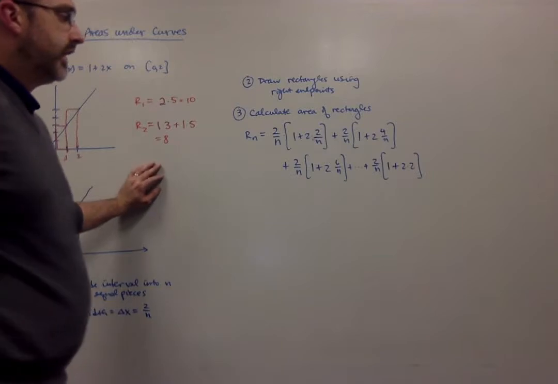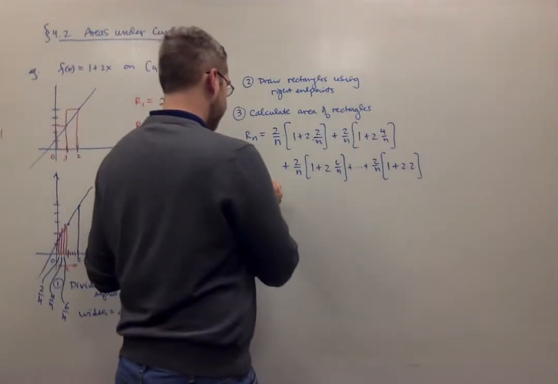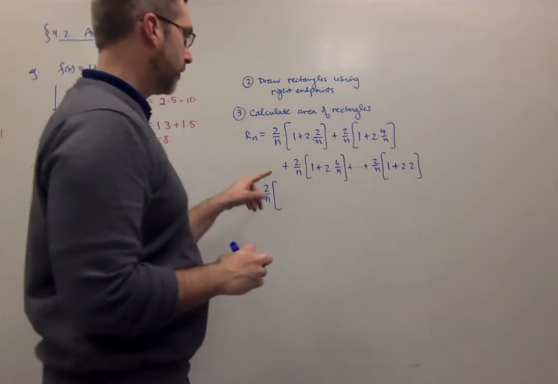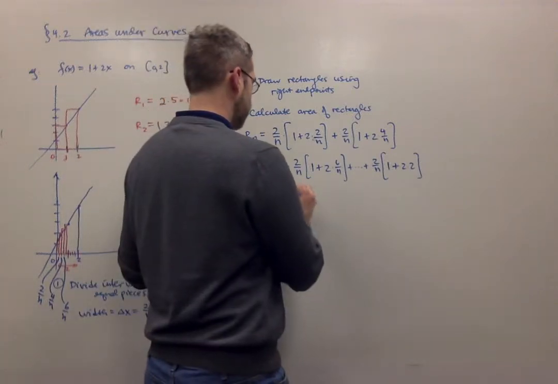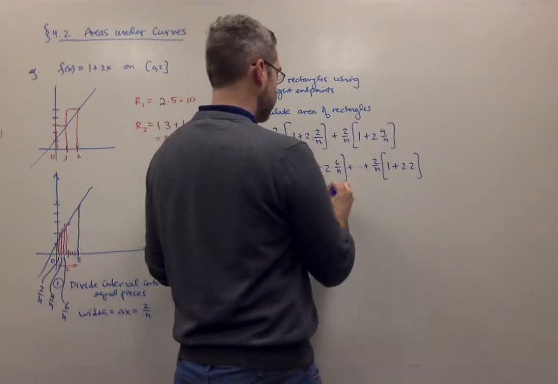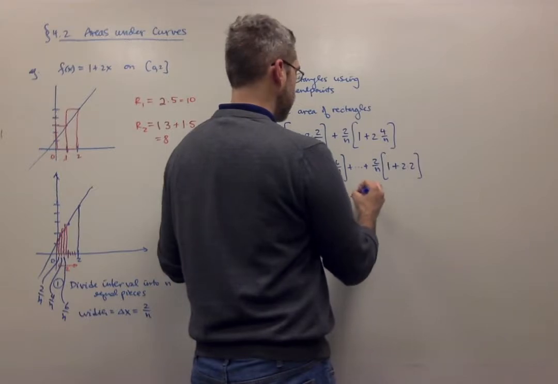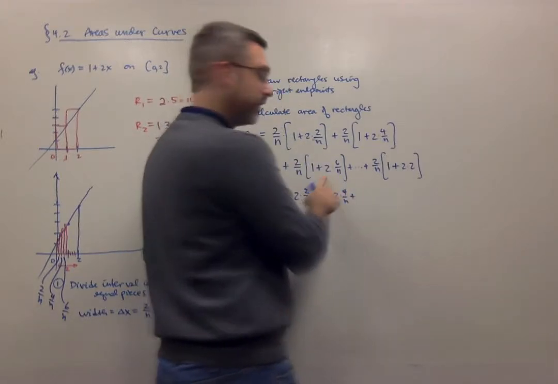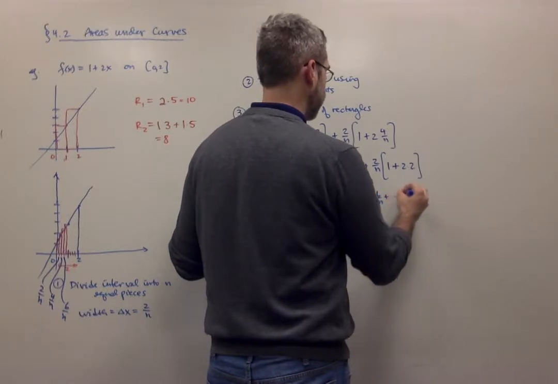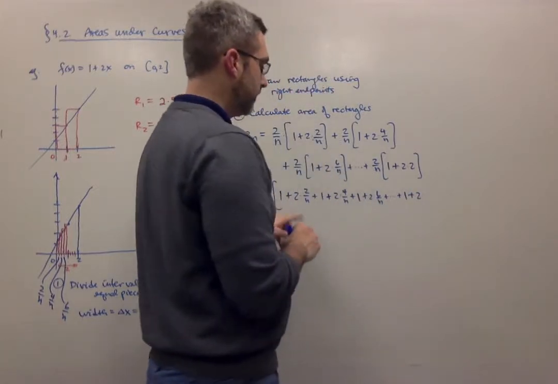Now we want to clean this up some. In order to clean it up, notice everything has a 2 over n, so let's factor out that 2 over n. And what I'm going to get is 1 plus 2 times 2 over n, plus 1 plus 2 times 4 over n, plus 1 plus 2 times 6 over n, all the way up until I get 1 plus 2 times 2.